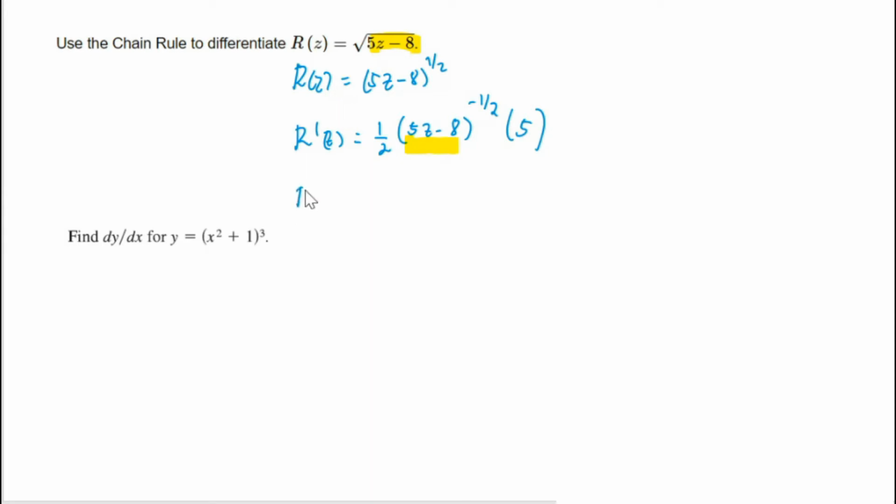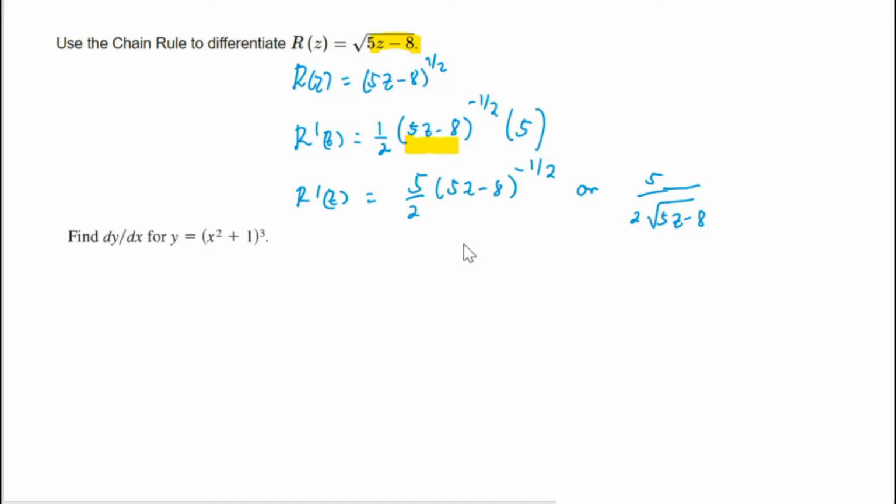So the final answer, the derivative of the given function, is equal to one half times 5, which is 5 over 2 times the quantity of 5z minus 8 to the power of negative one half, or that is equivalent to 5 over 2 times the square root of 5z minus 8.